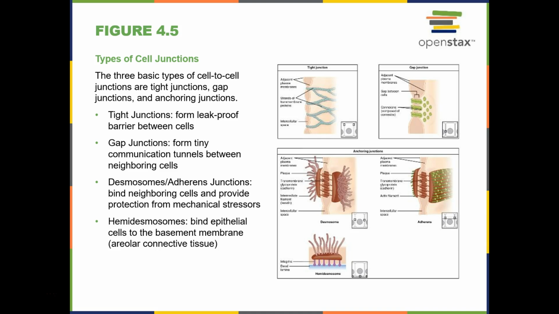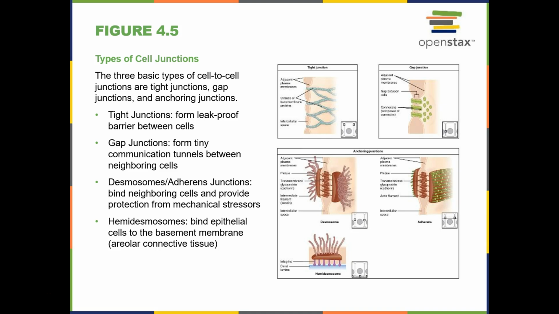All of these put mechanical stress on the skin, and so we have to have these special junctions that protect our skin and protect epithelium in general. And that's what desmosomes, adherens junctions, do.